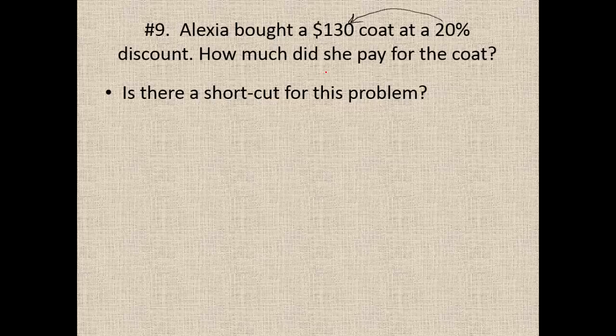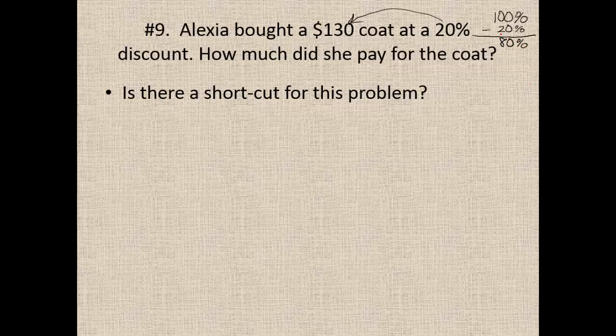Instead of doing a two-step problem, you can still do it with 2 steps, but the first step is a really easy one in your head if you think about this. If you take 100% of the current cost of the coat and you subtract 20%, that's the discount, it'll tell you what percent she ultimately pays. She's going to pay 80% for the coat.